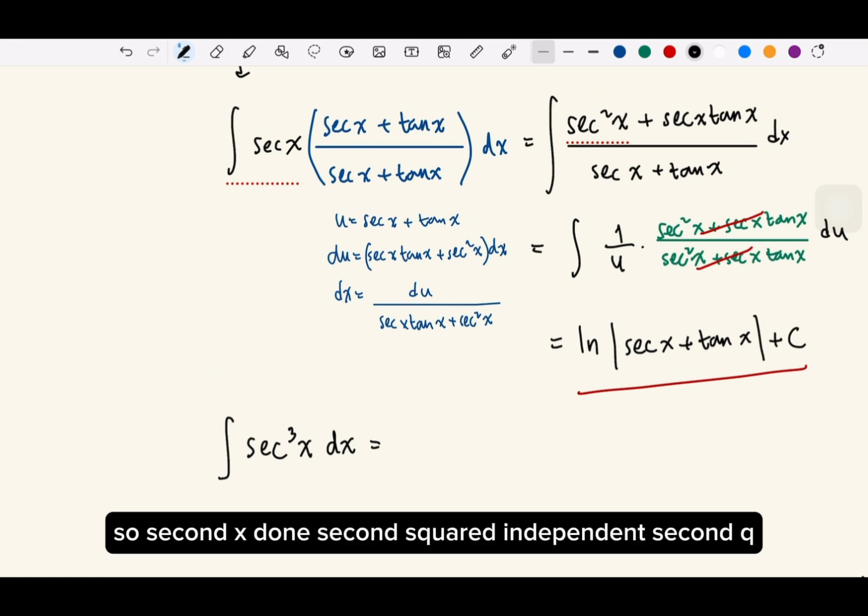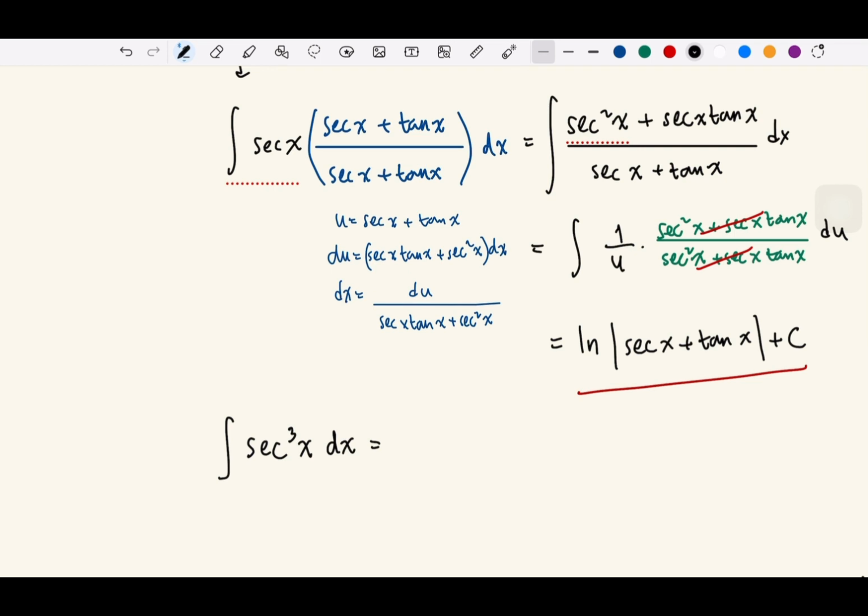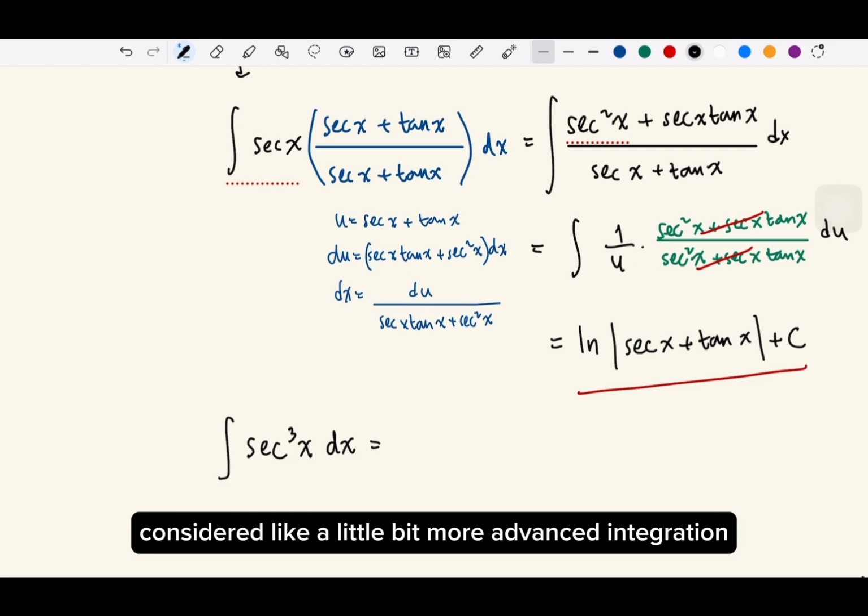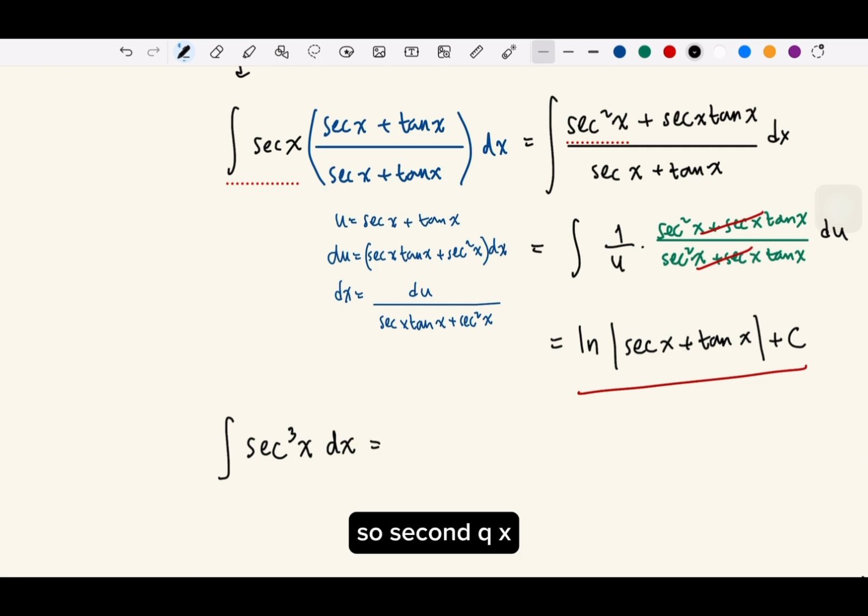So secant x done, secant squared becomes tangent, now secant cube. This is also considered a little bit more advanced integration. So secant cube x. Any idea? Have you tried doing this before?